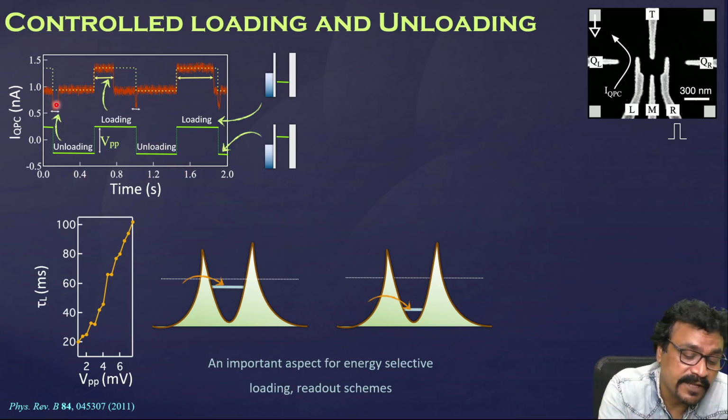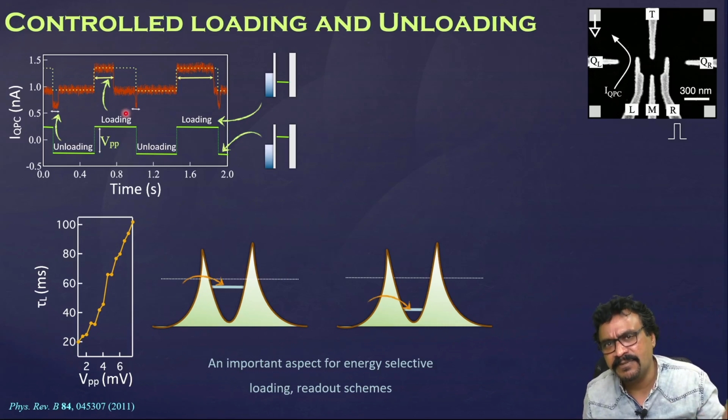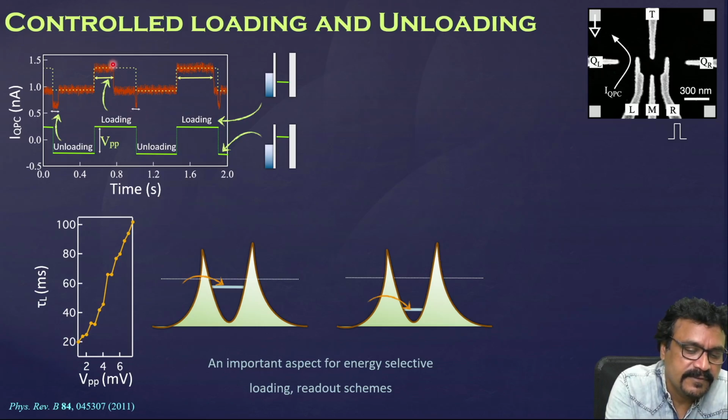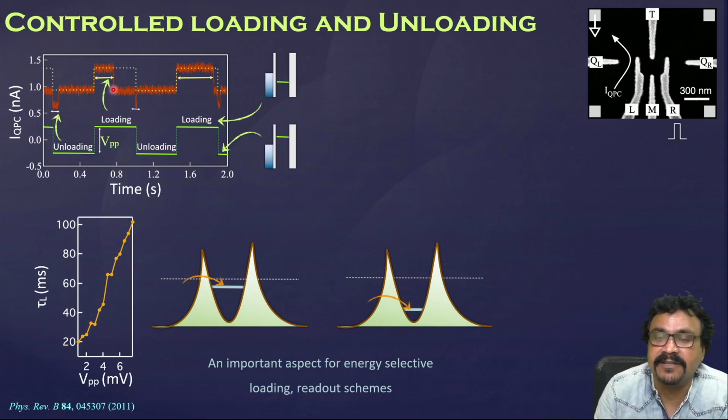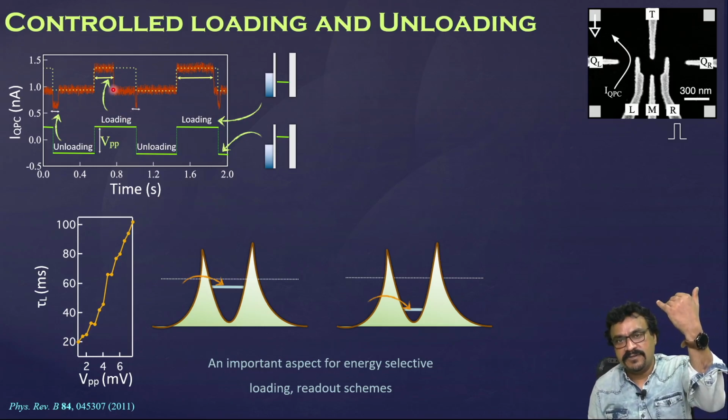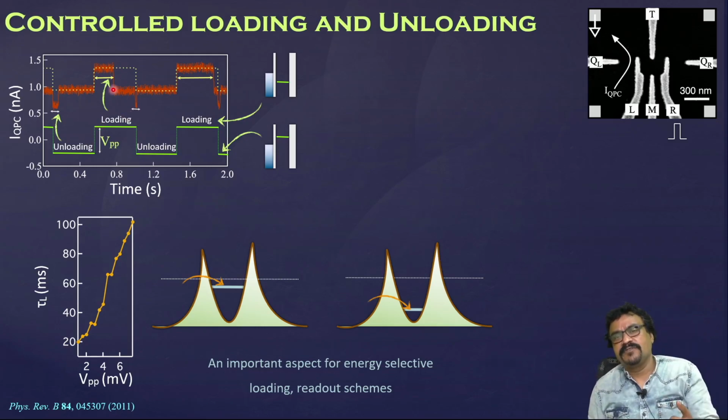Similarly, during the loading, you have pulled the level down, but it will take some time for the electron to tunnel in. Then that will cause a drop in the QPC current, because the positive part of the cycle will cause a rise in the current of the QPC, but the electron tunneling in event which happens during that part of the cycle will reduce the QPC current because of the negative charge.